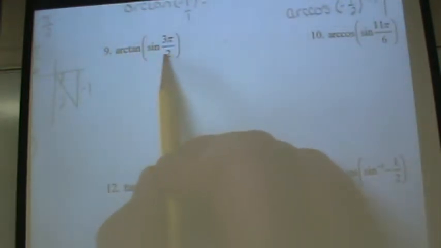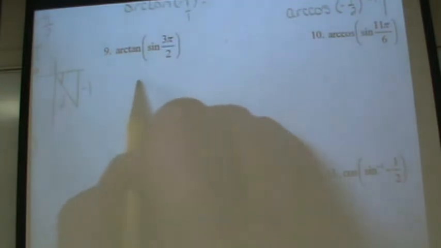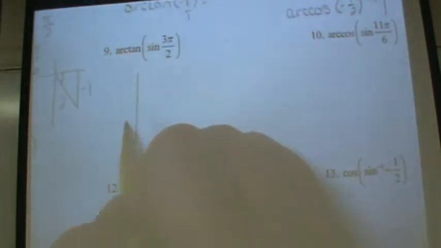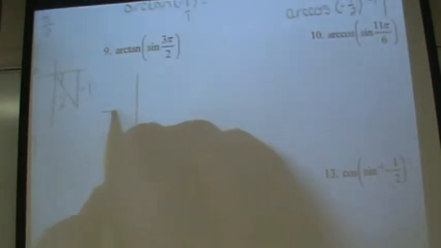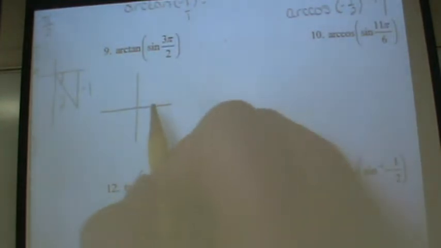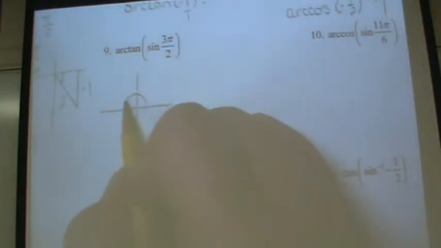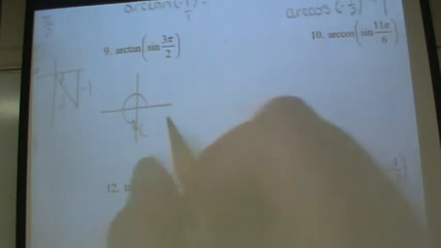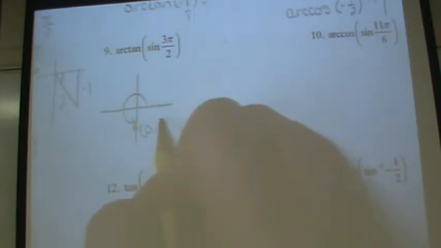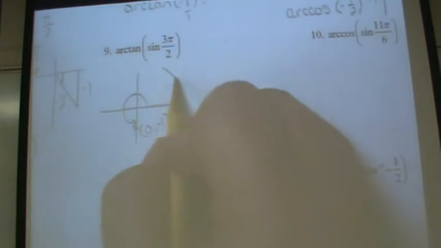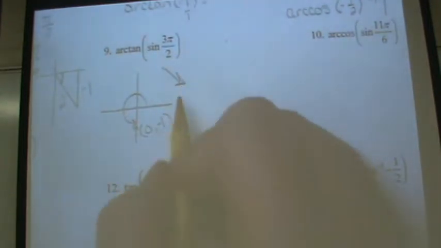We want sine of 3 pi over 2 first. So again, where's 3 pi over 2? 3 pi over 2 is here. What was our point? 0, -1. So what's our sine at that spot? -1.